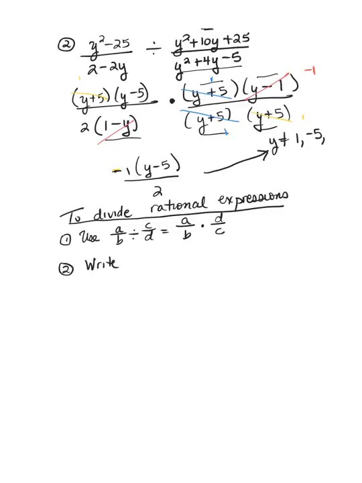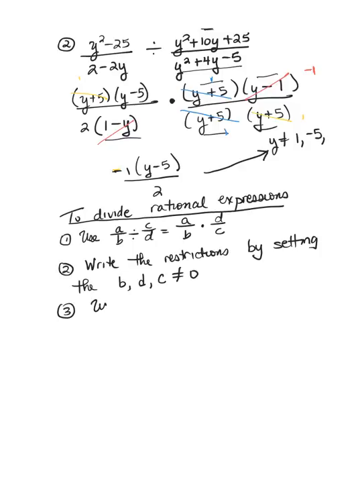Write the restrictions by setting the expressions b, d, and c not equal to 0. And then from here, we could just follow the rules for multiplication.